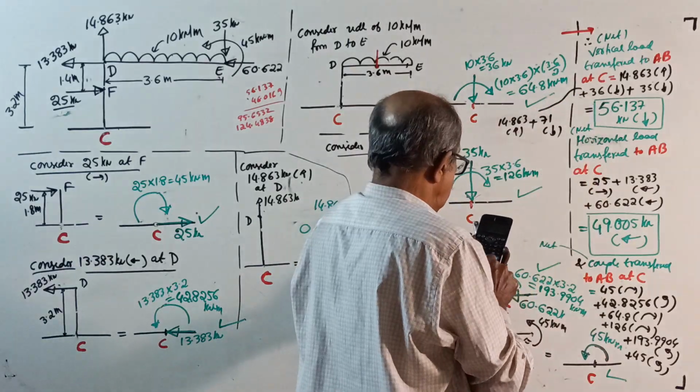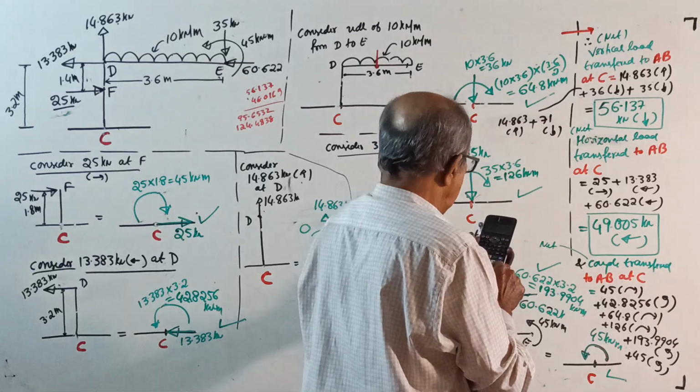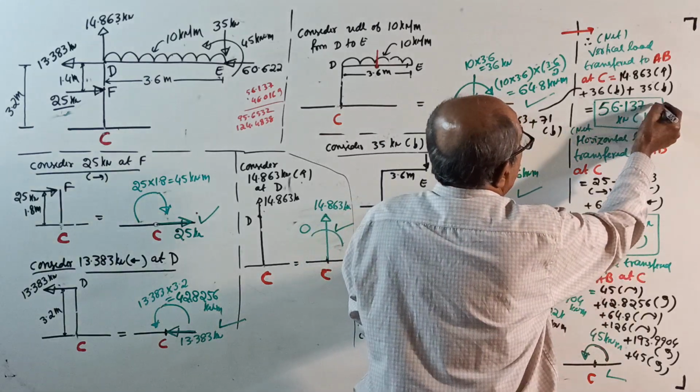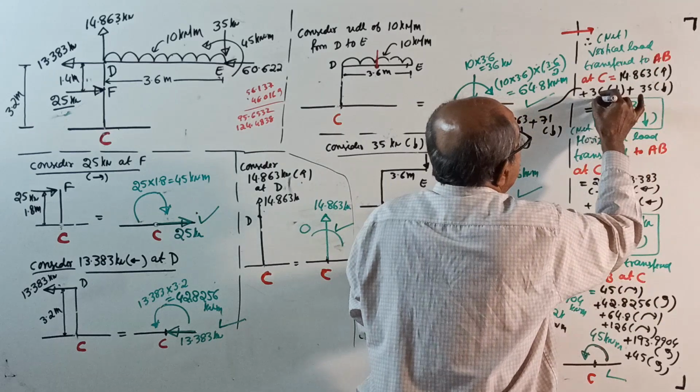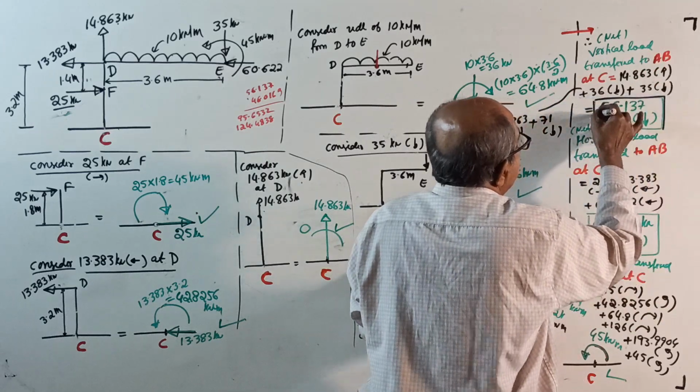From 71, you subtract 14.863, net is 56.137 down. This is the final answer at C.